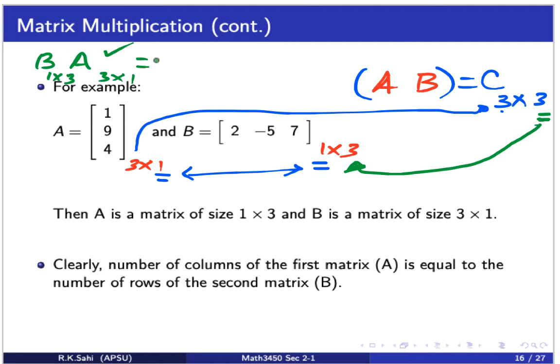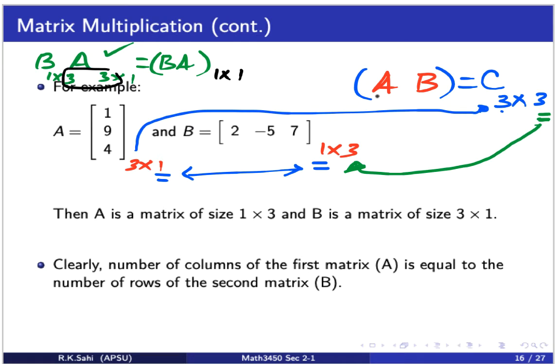And this new matrix will be of size, remember, the common parts cancel out, so we are left with 1 by 1. So this new matrix is of size 1 by 1.